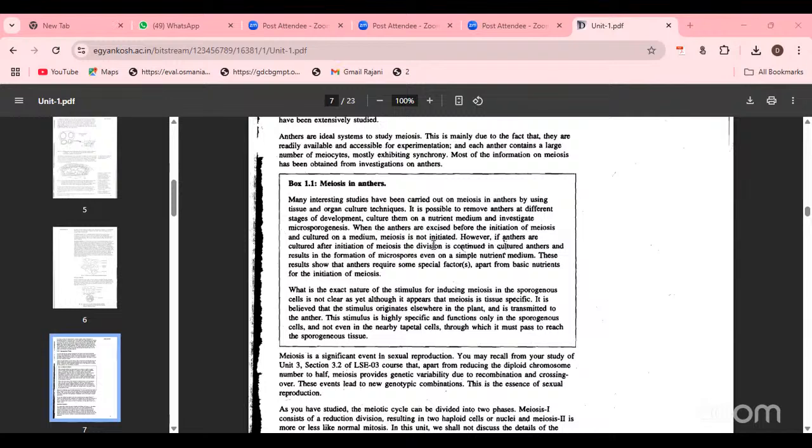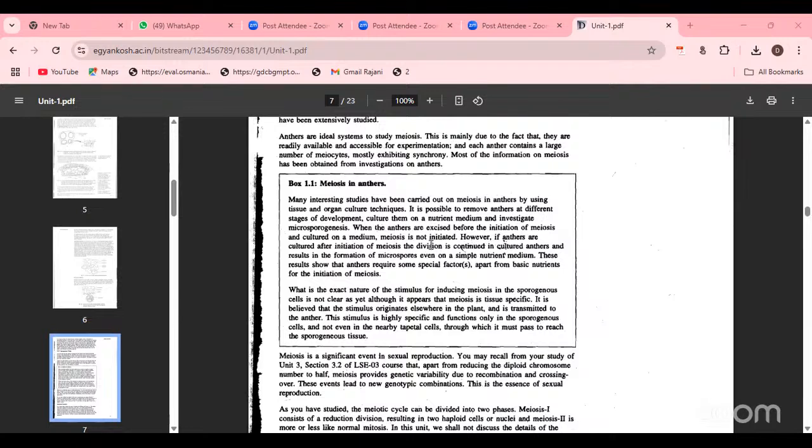Many interesting studies have been carried out on meiosis in anthers using tissue and organ culture techniques.